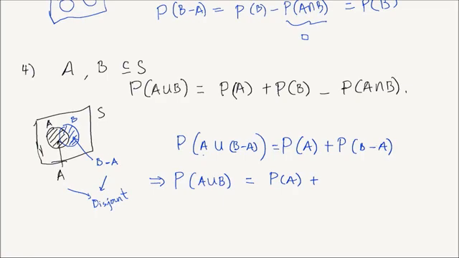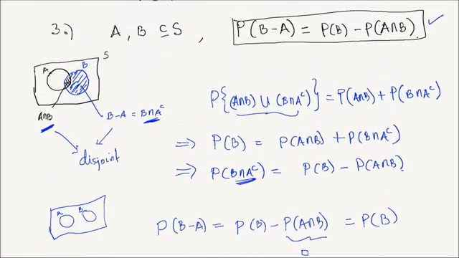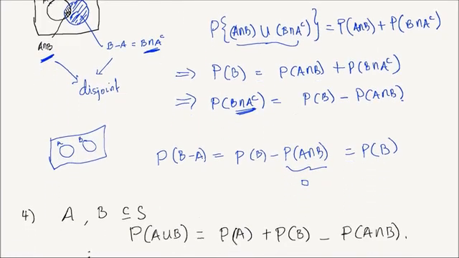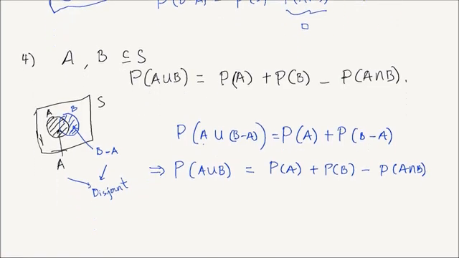But we have derived the probability of B minus A in the previous property number 3, that said the probability of B minus A is equal to the probability of B minus the probability of A intersection B. So I can substitute P of B minus A by the probability of B minus the probability of A intersection B. And that gives me the inclusion-exclusion principle.